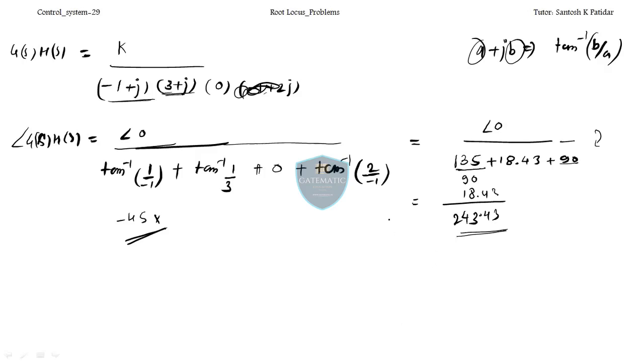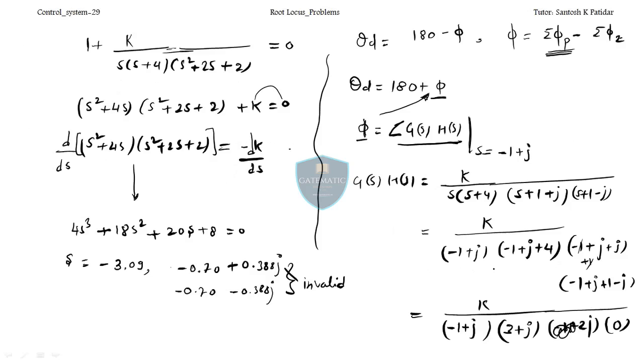Okay, so this is your angle phi. This is in denominator, and the final angle is 0 minus 243.43. So finally you are getting minus 243.43. Okay, so in this formula you have to put the value to calculate the phi d.